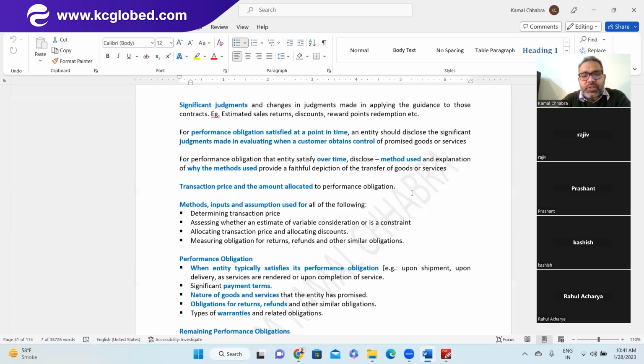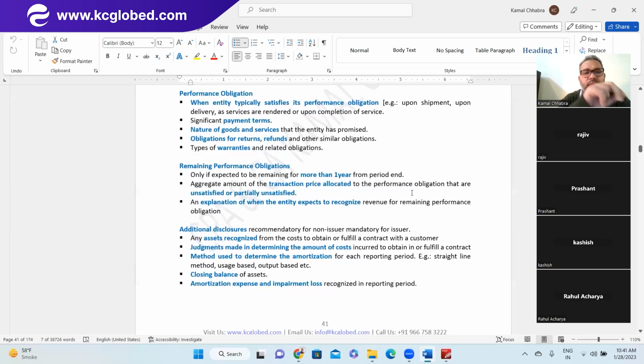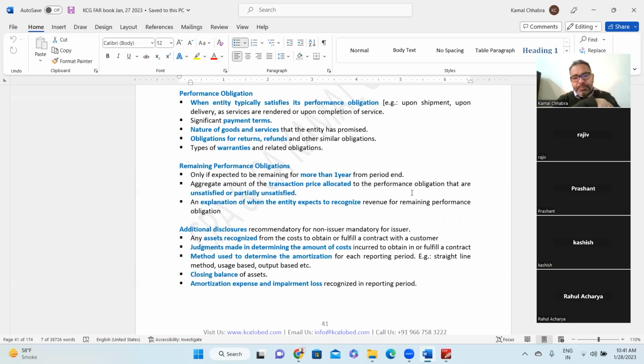Next is performance obligation, disclosure relating to the performance obligation. Any doubts so far? So far, so good? Okay.